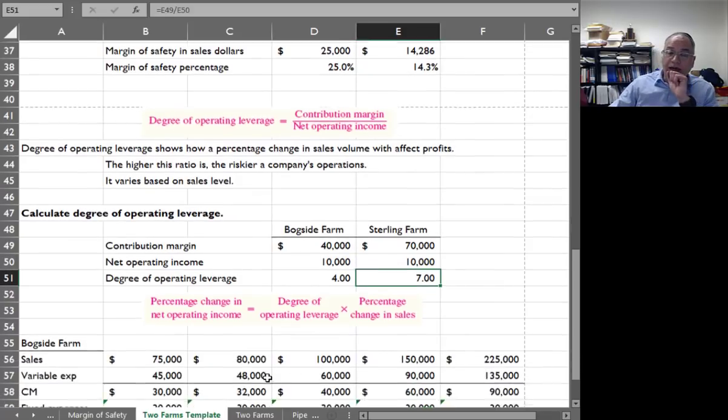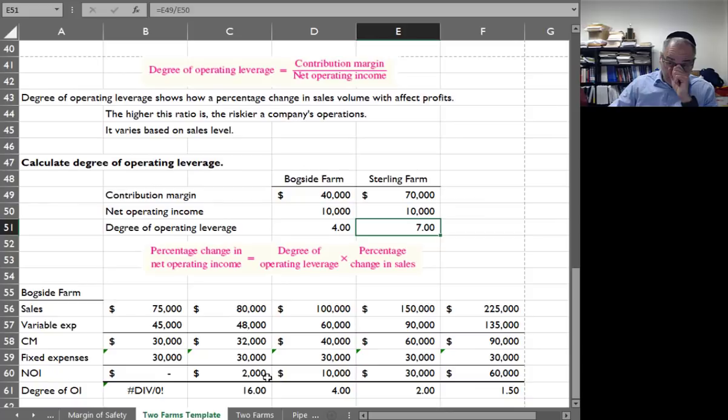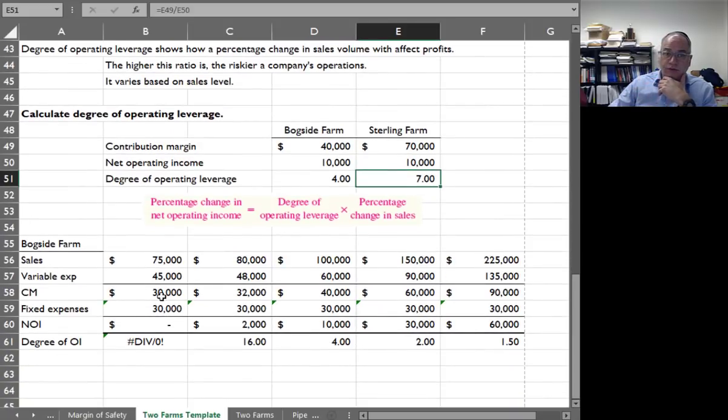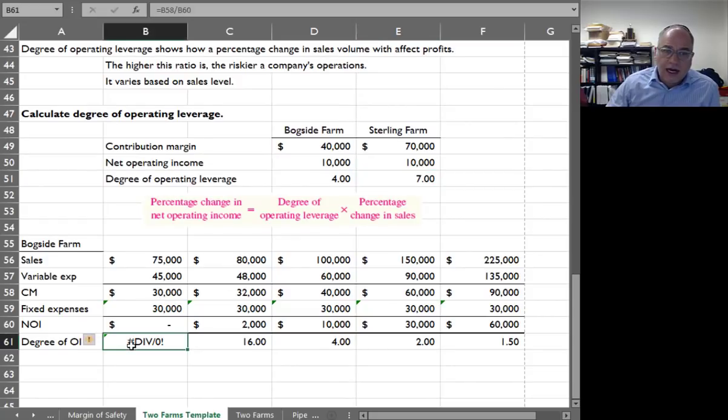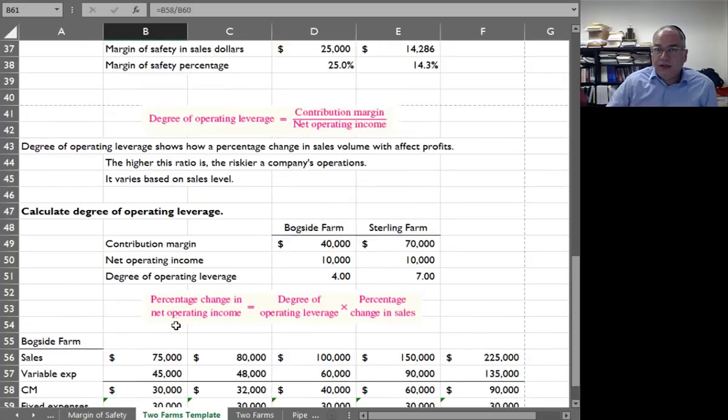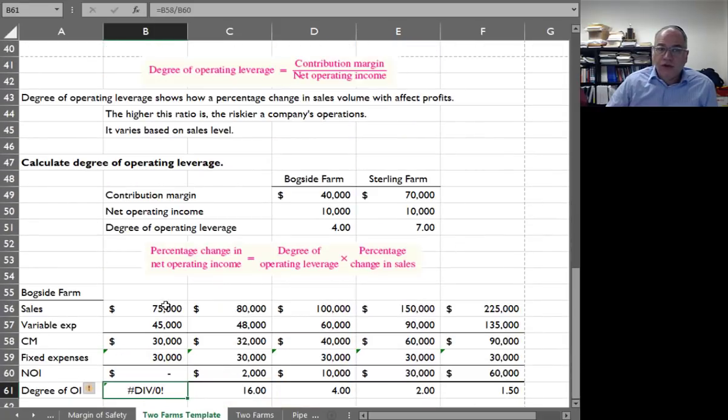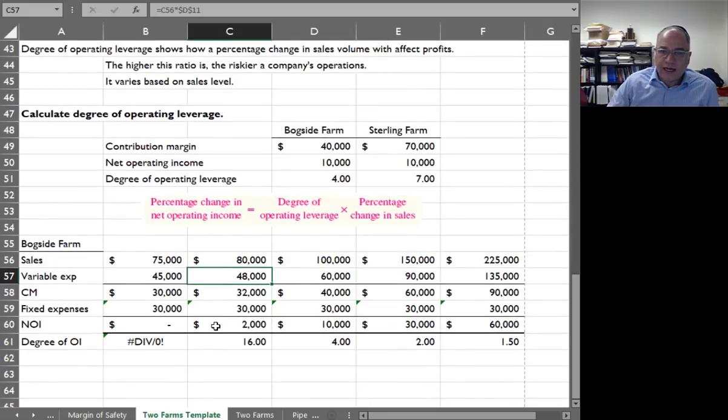But this is going to depend on your sales level, because the higher the sales level, the higher the net operating income, and that's going to affect the ratio. So for example, if I look at this at my break-even point, I can't even calculate operating leverage because net operating income is 0, and you need to divide by 0. So you can't really calculate this at your break-even point. Let's say we go up a little to 80,000. Variable expenses would be 60% of that, 48,000, and contribution margin would be 32,000.